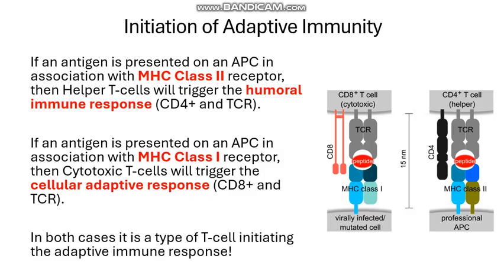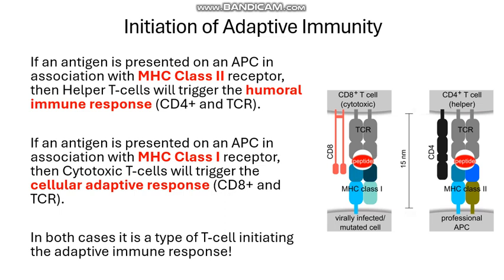Meanwhile, if an antigen is presented on an antigen presenting cell in association with MHC class 1 receptor, shown on the image to the left, that's going to form a relationship with a cytotoxic T cell, which is going to form a complement to the antigen on the MHC class 1 with their T cell receptor and the CD8 co-receptor.